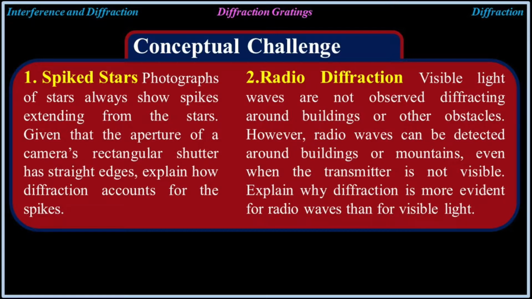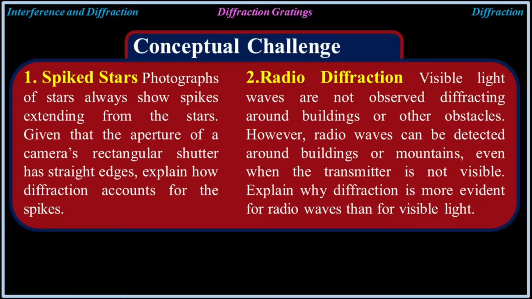Conceptual challenge, there are two. First, spiked stars. Photographs of stars always show spikes extending from the stars. Given that the aperture of a camera's rectangular shutter has straight edges, explain how diffraction accounts for the spikes. Second, radio diffraction.